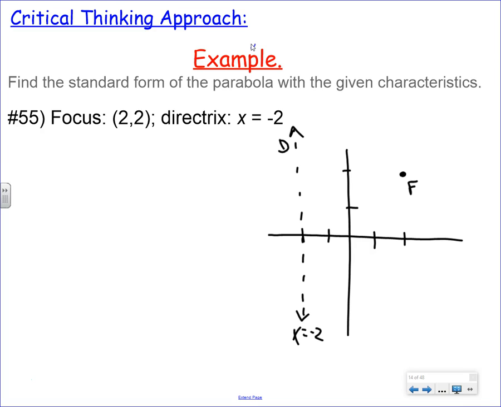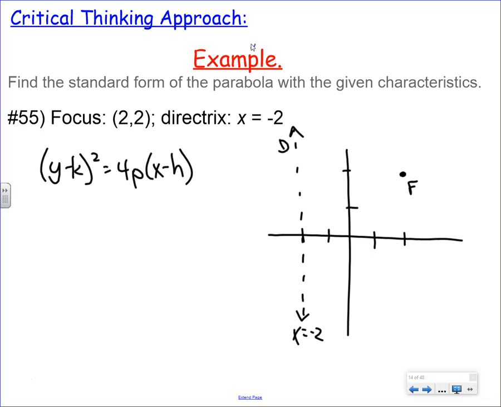Good. It has to be facing the right. So hopefully you guys then figured out, okay, to the right, that needs to be the y minus k. See how I'm also helping you review the formulas? If you have to write them, A, you have something to plug into, and B, you're studying them at the same time.